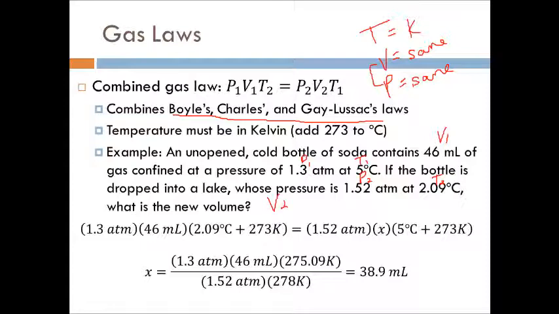All right, so if we take this equation, we're going to have the 1.3 times 46 times 2.09 plus 273. We're going to set that equal to 1.52 times x times 5 plus 273. So we're going to multiply the top on the left, and we're going to divide by what's on the right. And when we do that, you get about 39 milliliters.